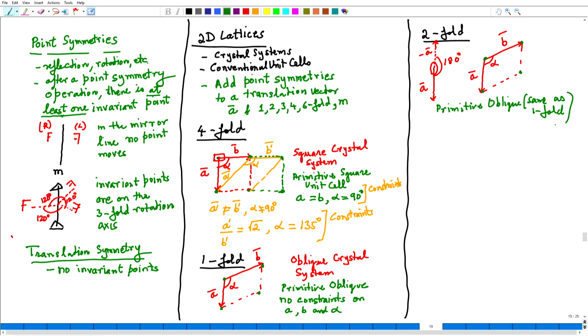So, an oblique crystal can have a one-fold symmetry or a two-fold symmetry. So, we can say that the minimum requirement is a one-fold. Two-fold may or may not be there.